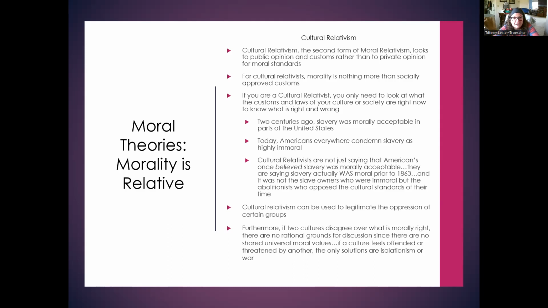Is it morally right for them to still engage in genital mutilation here in the United States?